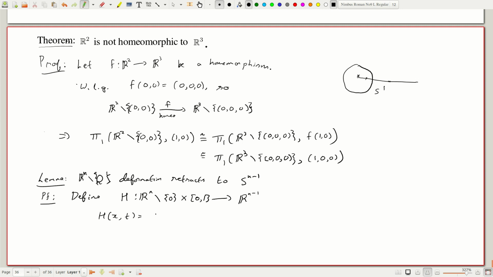At time 0 this is just x, but at time 1 it should be x by norm x. So you could write this as x divided by (1 minus t plus t times norm x). Perhaps we have to adjust that formula a little. Let's see, if t is 0 this is 1, if t is 1 this is just norm x. So this gives a deformation retract.